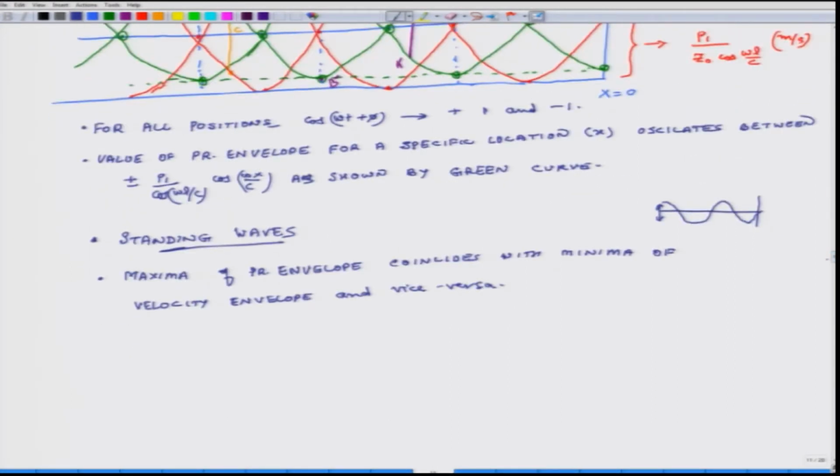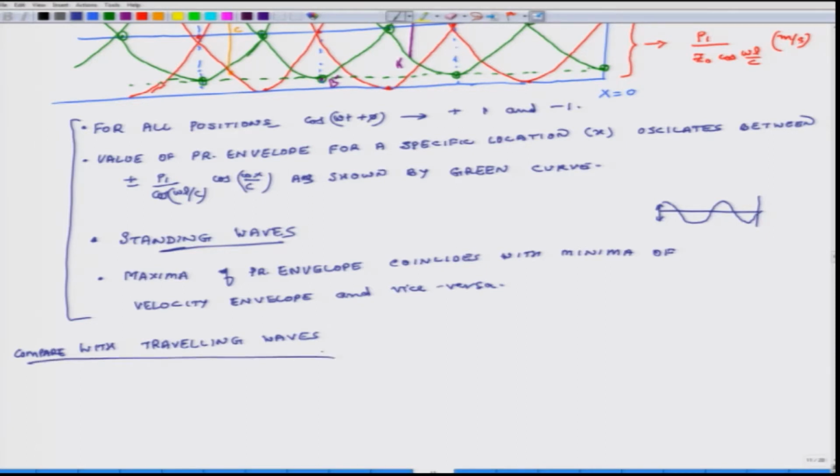Now, the last thing I would like to do is contrast these types of standing waves with travelling waves. So, we will compare with travelling waves.